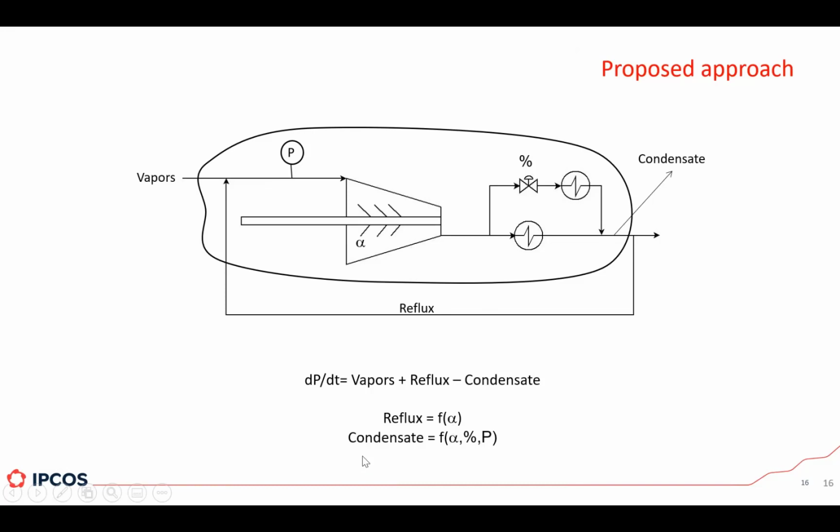But the amount of condensate depends not only on the guide vanes, but also on how much of these vapors you are sending to the cooling water condenser.